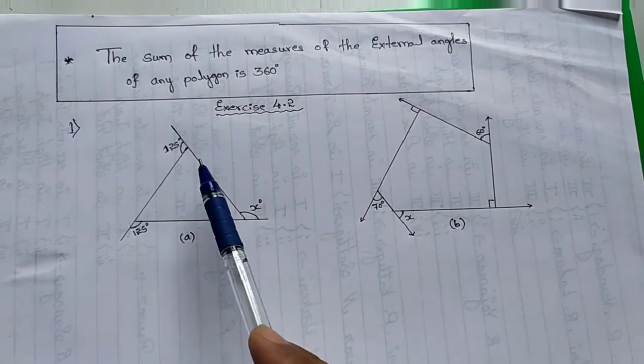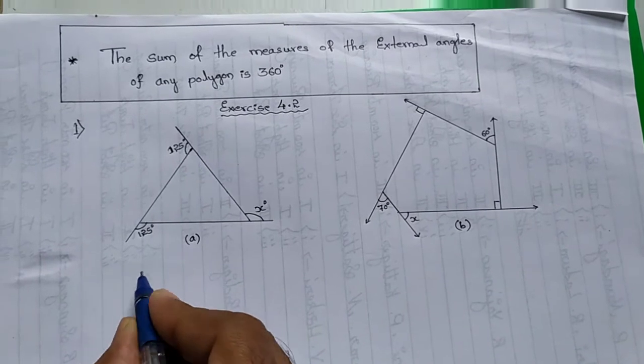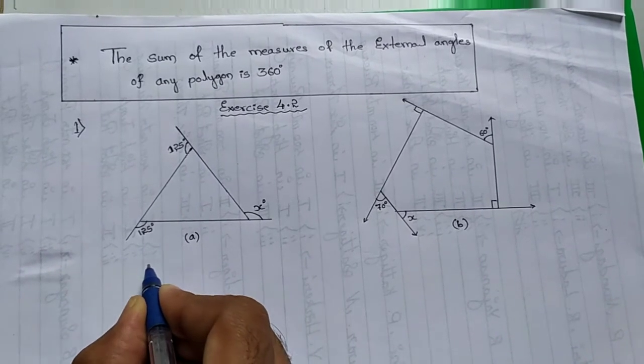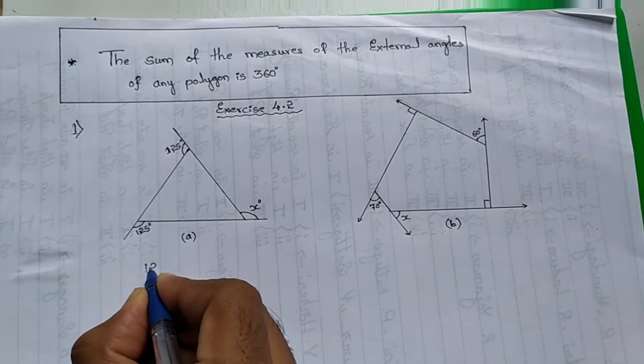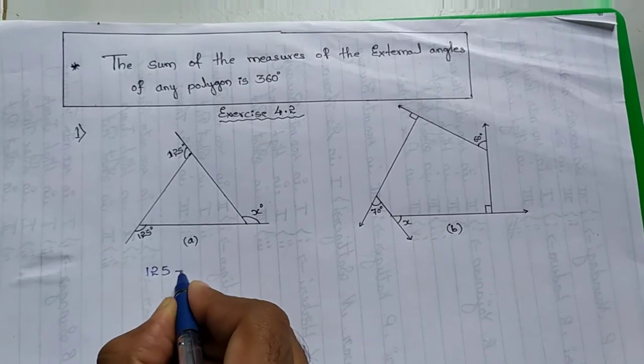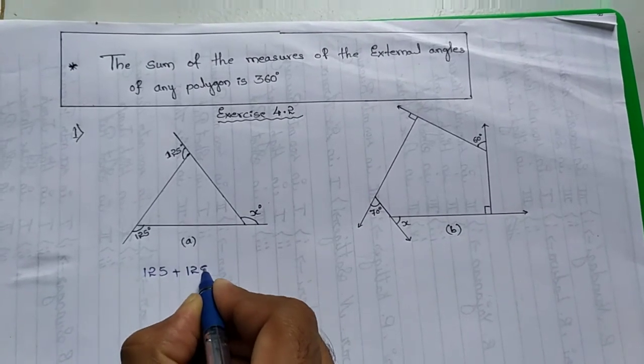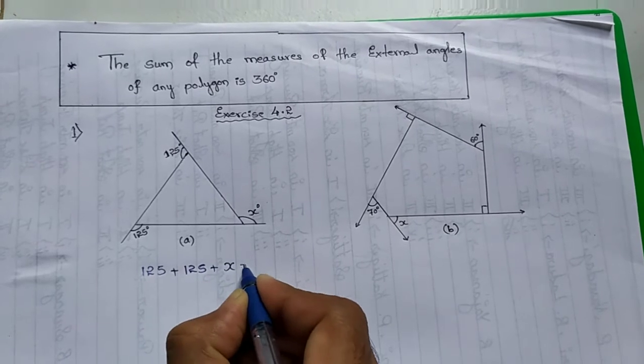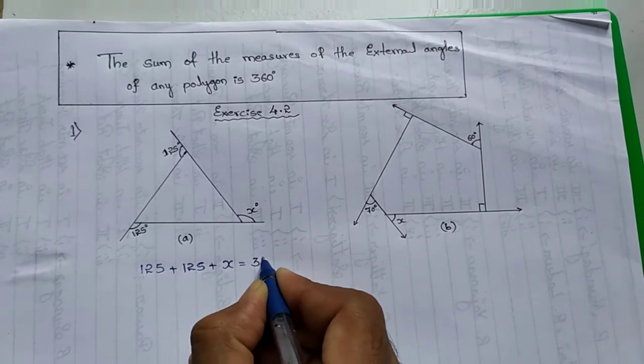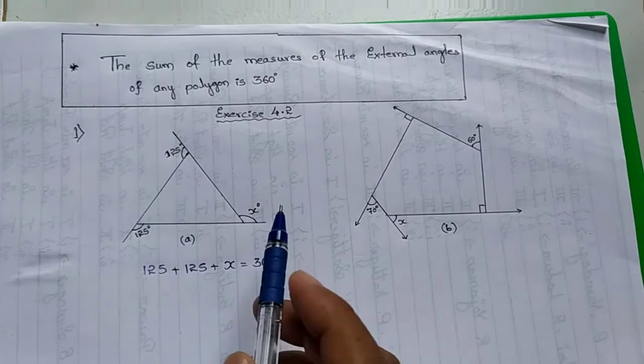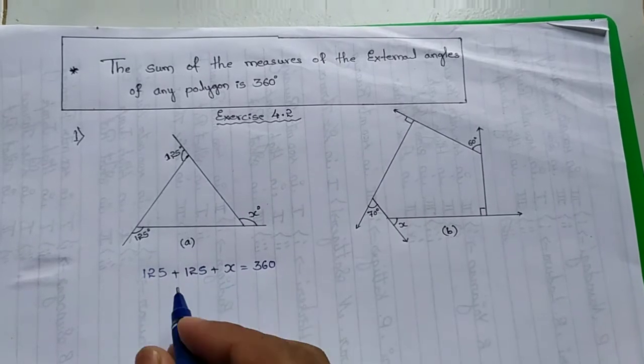So if you add these three angles you will get 360 degrees. So the first one is 125 plus again 125 plus x, we will get 360 degrees. The reason is the sum of external angles.